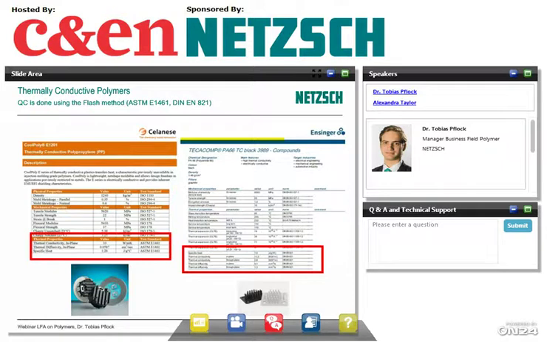And in the case of Ensinger, this is a German standard, DIN EN 821. And both these methods refer exactly to the flash method to get the values for thermal conductivity, thermal diffusivity and specific heat. So that is, I think, a very prominent example where the flash technique is used.